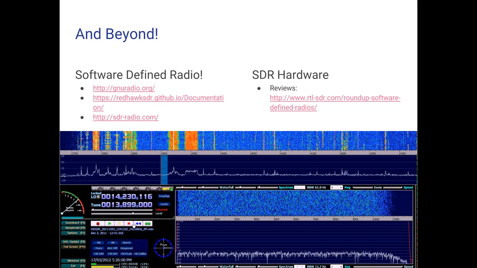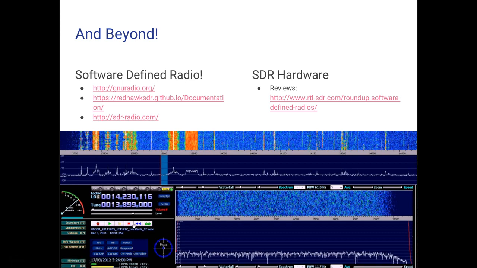GNU Radio is probably one of the most well-known ones. Redhawk is also a good one. SDRadio.com also has some great resources, but obviously to use SDR, you have to have a good antenna to handle the spectrum you want to target for both capturing and transmission, and you have to worry about channels, etc.